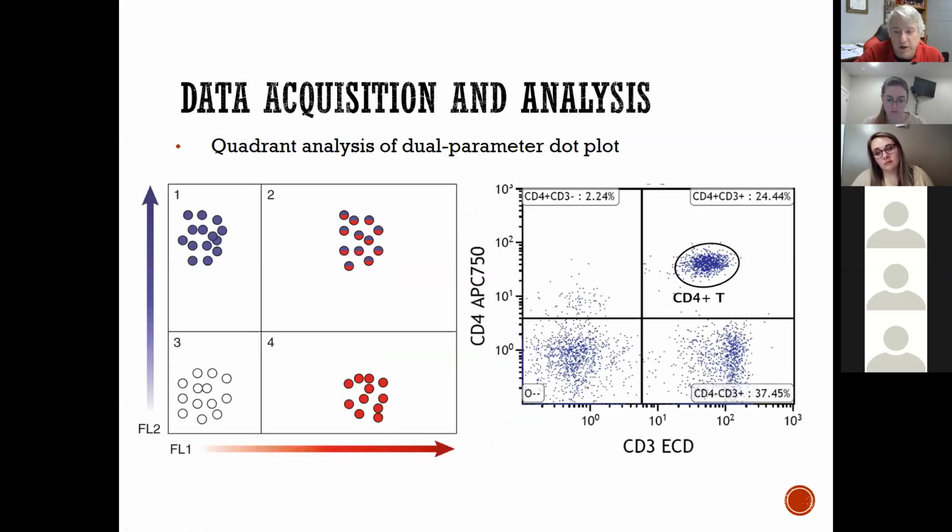So here's some more ideas. This would be like for our CD4 count. We're not going to get too deep into this, but quadrant analysis or dual parameter dot plots, based on the scatter and the detection, put this cell into certain areas.